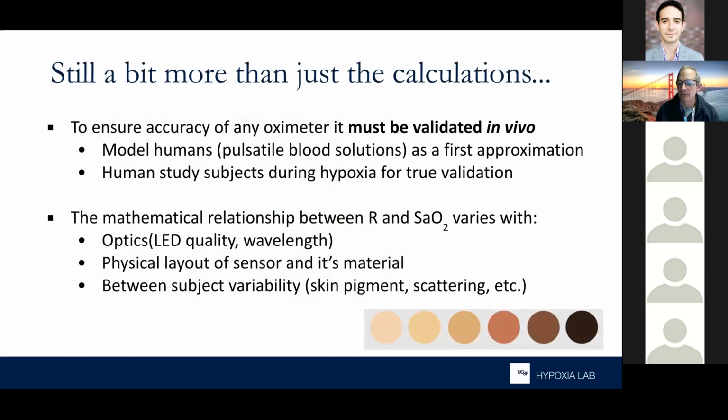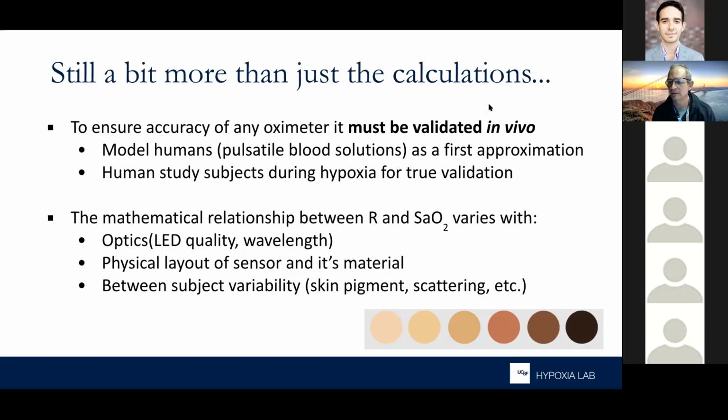One of the things about this technology is that the light signals and the derived values from the light signals, from applying various equations to them, don't tell you an absolute number for the saturation. What has to be done is an in vivo calibration.